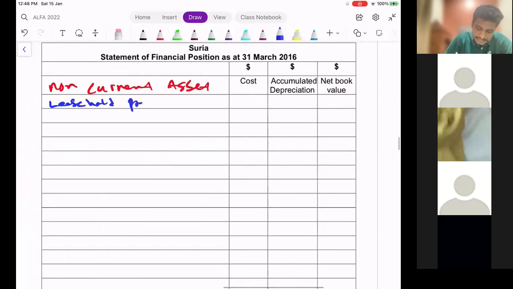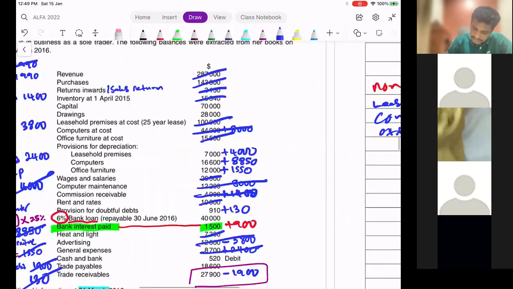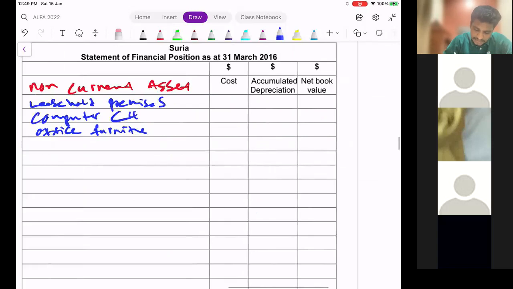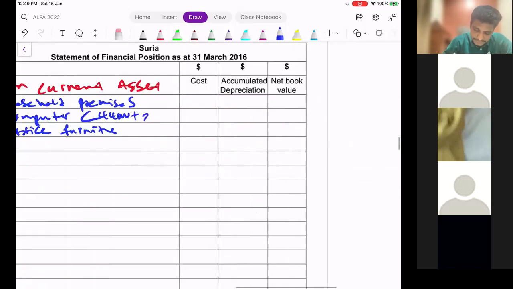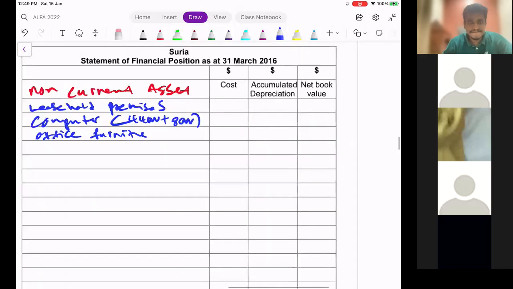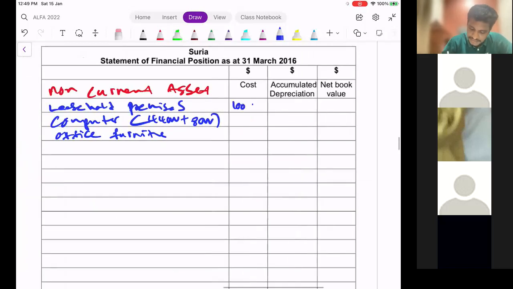Computer has a calculation, right? Yes, 44,000 plus 8,000. This one is fixed at 100,000. This one is 52,000. And this one is 15,500.